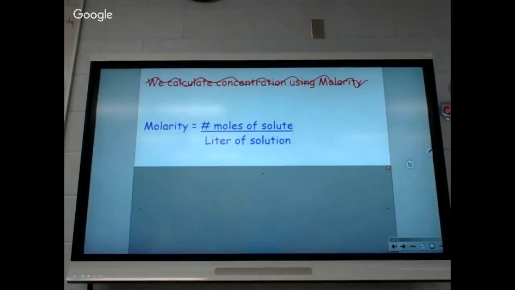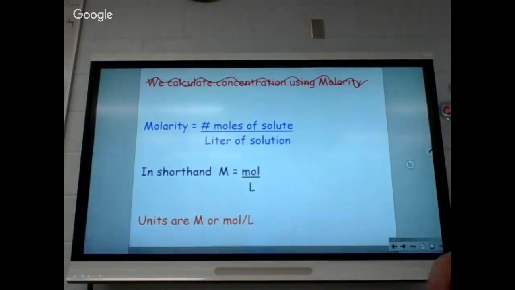Now, I'm not going to write that formula out every time, so that's the shorthand I tend to write: big M equals moles over liters. Sometimes students will ask, how am I supposed to keep that straight with the gas law formula? First of all, gas laws will talk about pressure and temperature. Is this going to talk about pressure and temperature?